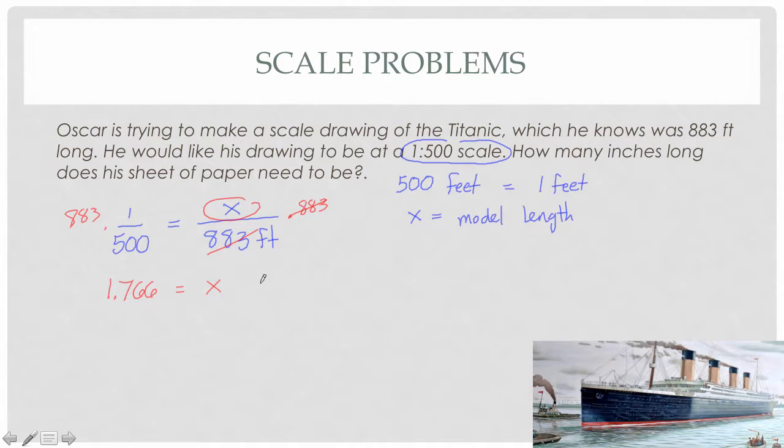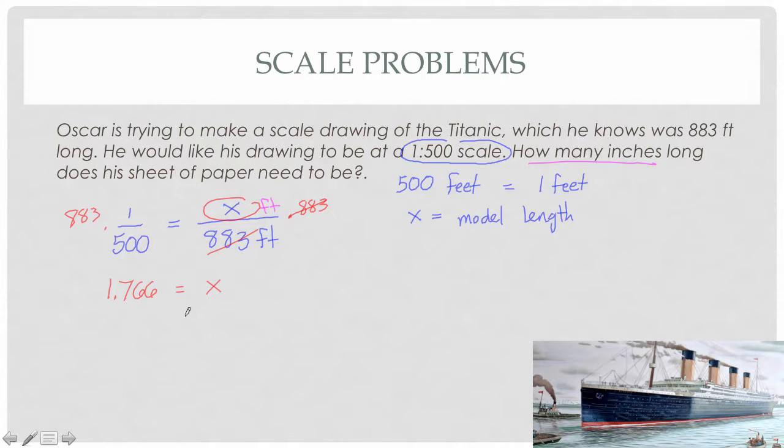Now again, we solved it algebraically, but we've got to answer this problem. I'm supposed to tell how many inches long this sheet of paper needs to be. What we found was actually the feet. Remember being consistent with our units? So 1.766 feet to 883 feet is a 1 to 500 ratio.